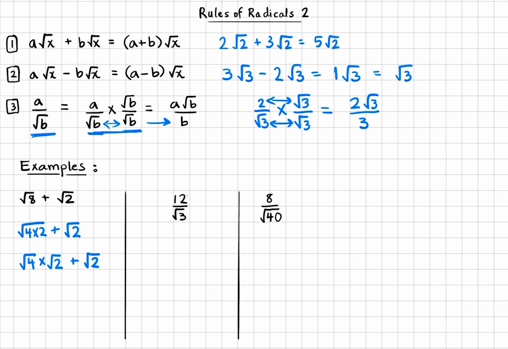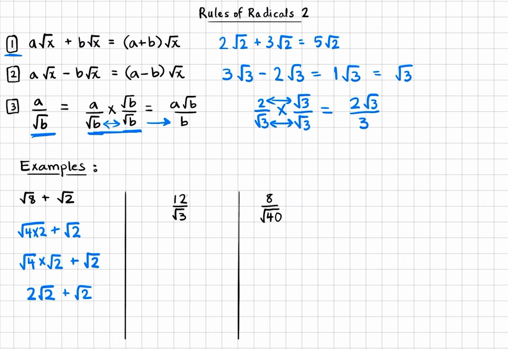All right. Now square root of 4, we know it's 2. So actually this will turn to 2 square root 2, they're multiplied, plus square root 2. And now what do we have here? We have rule number 1 that we can apply.